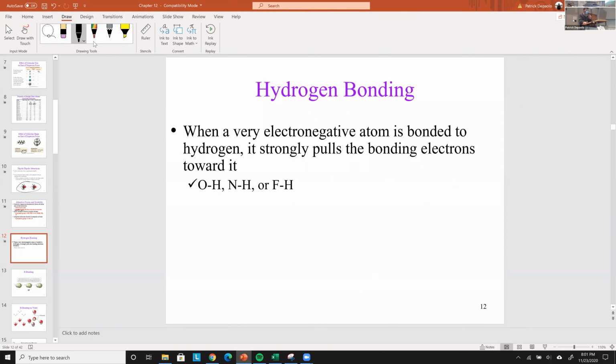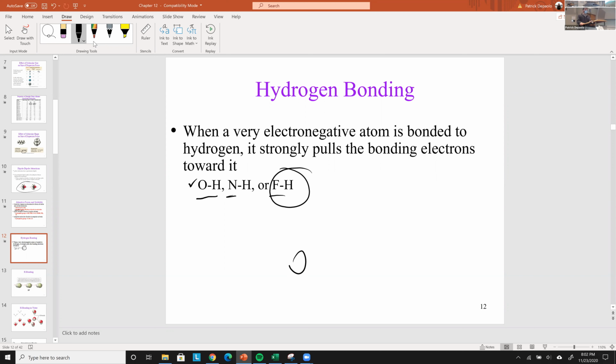Because of those 2 things, when hydrogen in one molecule binds to another molecule with a big electronegativity difference, such as oxygen, nitrogen, or fluorine, you have an insanely strong dipole-dipole, so much stronger than the others that we call it its own class, a hydrogen bond.